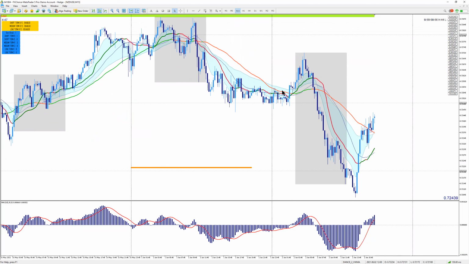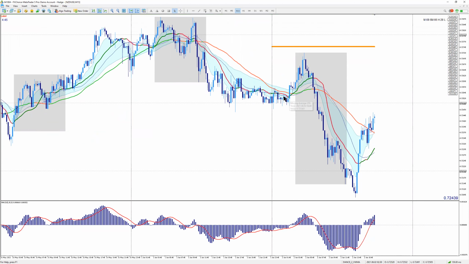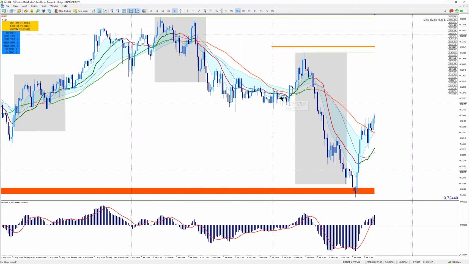Well, look at this, same thing. This is the New Zealand dollar today, right? Yeah, New Zealand. And it did it this AM too. Came right down to resistance, or right down to support. Yeah. Bounced right back.